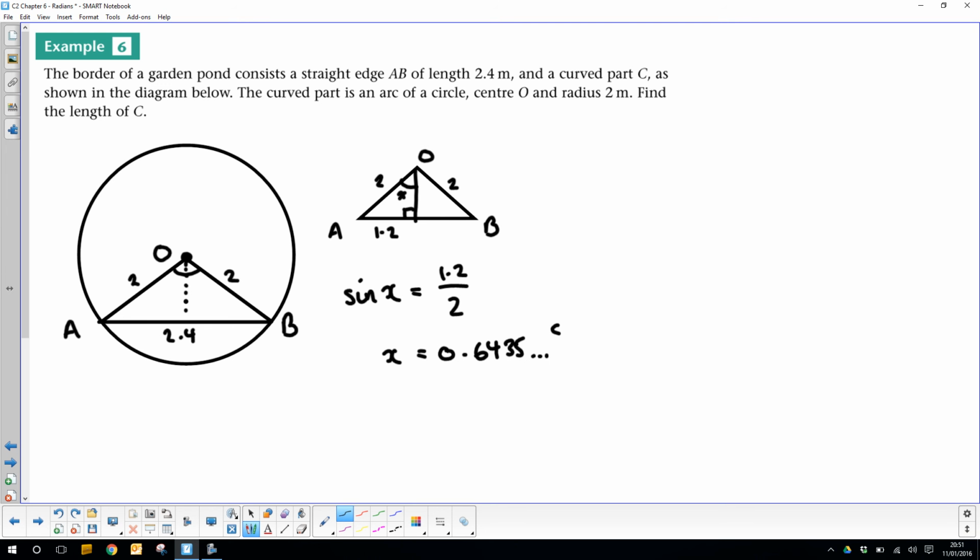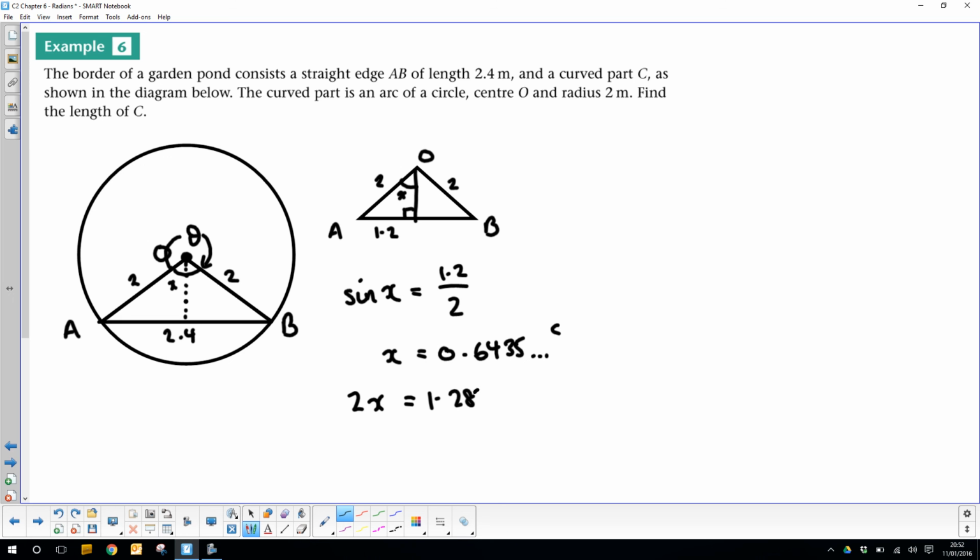We don't want x, we need theta, which is the big angle around here, because once we've found theta, we can then use that by multiplying by the radius to find the length of the arc. So that's x. First of all, 2x will be 0.6435 times 2, which is 1.287 radians.